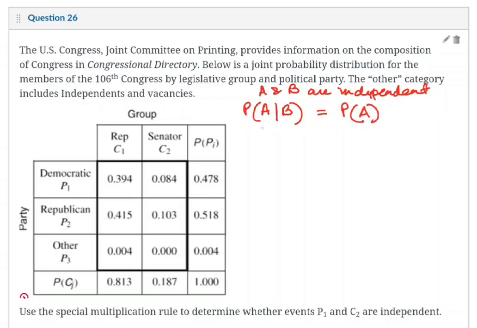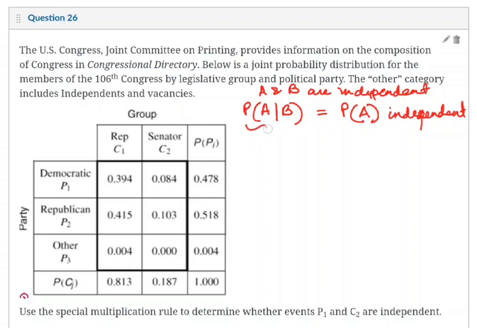So this is the formula for independent probabilities, to determine if two events are independent or not. So if we calculate probability of A given B and also calculate probability of A, if they are equal, then we can conclude that the events are independent.